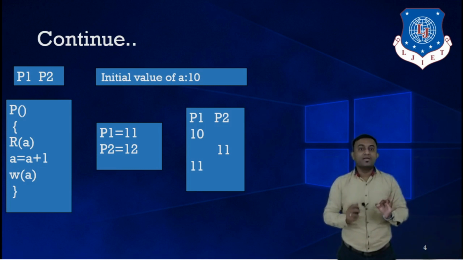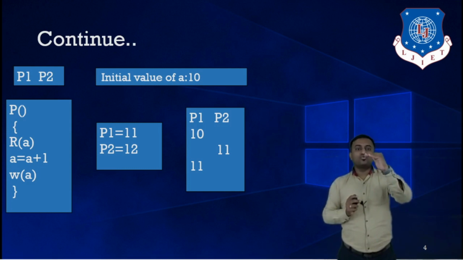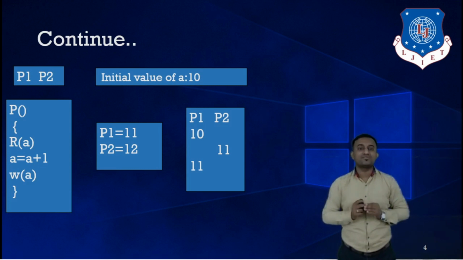That is why P2 fetches the same initial value that P1 fetched. P2 will then increment it by 1 and execute the write of A instruction. So the final value from P2 is 11, because P2 started and completed its execution without context switching.